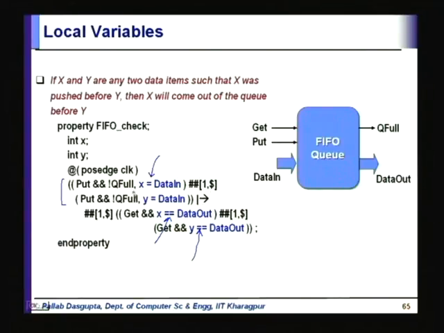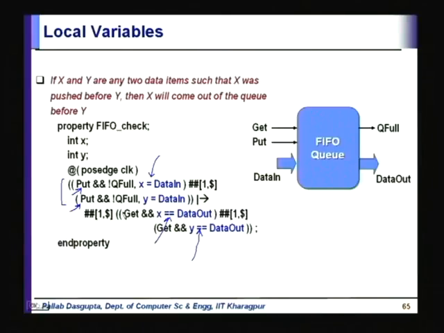So we are saying that it is not necessary that this put and this put are consecutive puts. Do you get my point? These two puts may not be consecutive puts. There can be other puts in between also. The property does not say that these two will have to be consecutive puts. So for every pair of puts, no matter whether they are consecutive or not, this has to be checked.